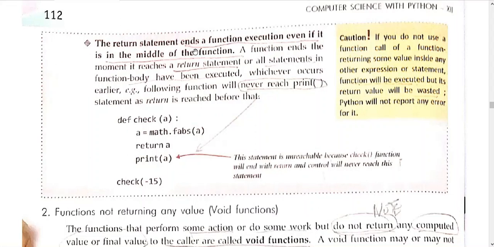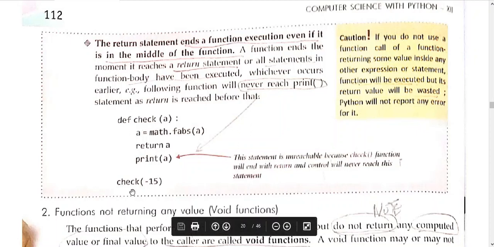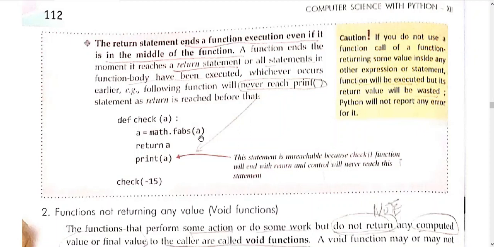Here the return statement is written: return a, whatever value you have given. This is a function definition. See, this is -15 in the function call, and this -15 will be assigned here. This math fab function will do its work, and that value will be stored here in a.